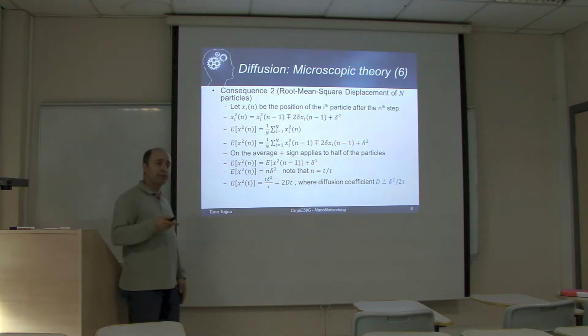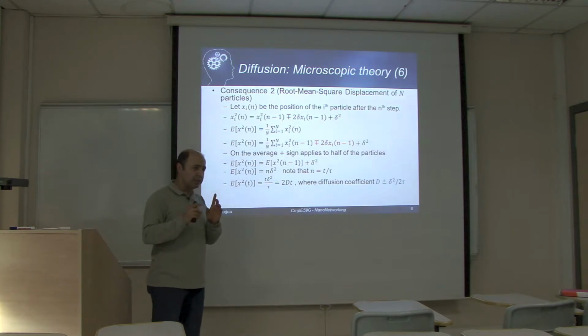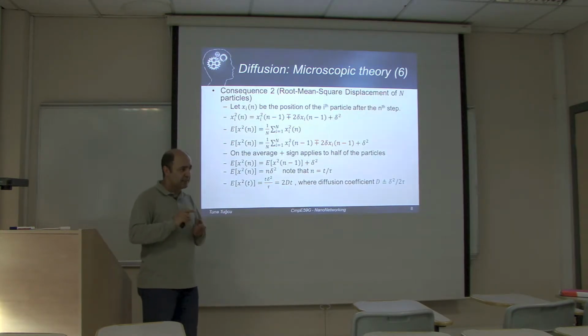Remember earlier I said this step size depends on several things like the size of the molecule, the structure of the aqueous environment, and the temperature. All these affect D. Now these are separate factors, and each one has a different effect.